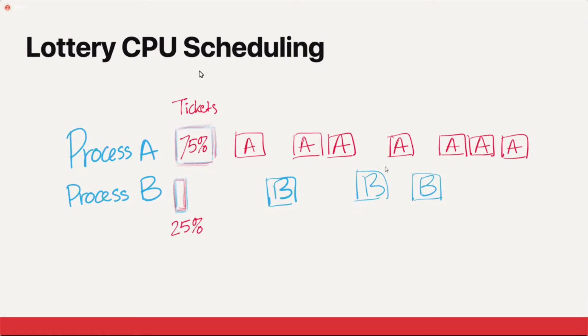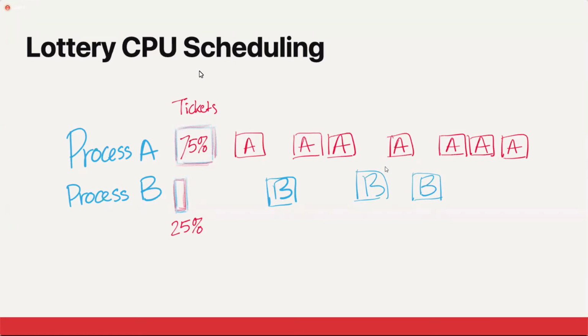If we have different weights, for example, process A is 3 times as important as process B, how do we make sure that all the processes have their fair share? One possibility is, again, to randomize. All we need to do is issue lottery tickets to these processes. Process A, because it's more important, probably gets 75% of the lottery tickets, and process B gets 25%.